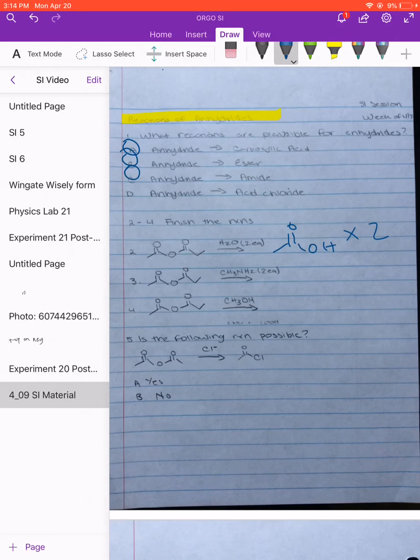We know that we're going to have this product, NH2, but we also know that we're going to form a carboxylic acid. I'm not going to draw it, but just keep in mind. So what about if we have a primary alcohol reacting? We are going to form an ester.